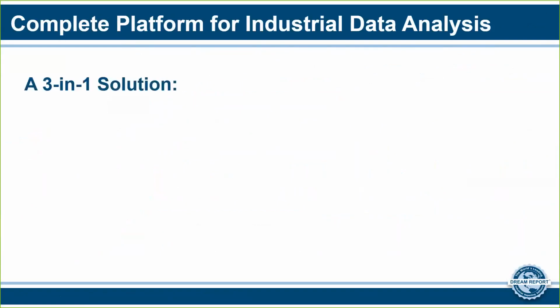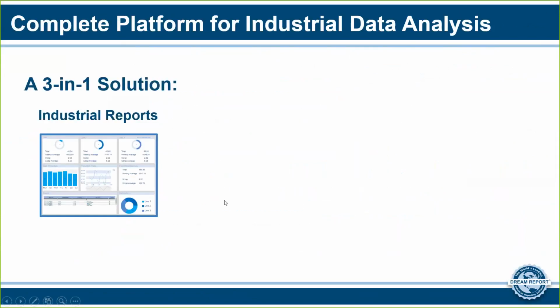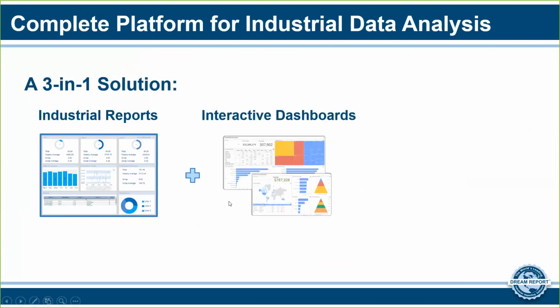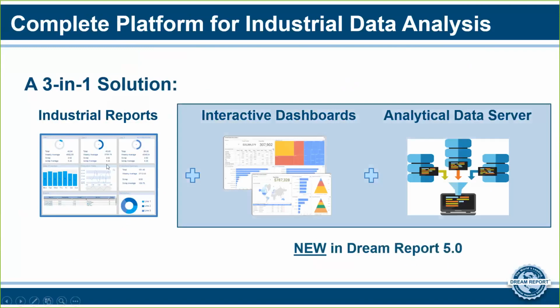So what I mean by that is Dream Report has always been reporting, and we continue to be a leader in industrial reports. But in our latest release, Dream Report 5.0 that was released a couple of weeks ago, we've now added interactive dashboards, so kind of a management dashboard view of things as opposed to the operations and control side of things, as well as exposing all the internal calculations and all the metrics and smarts inside of Dream Report.